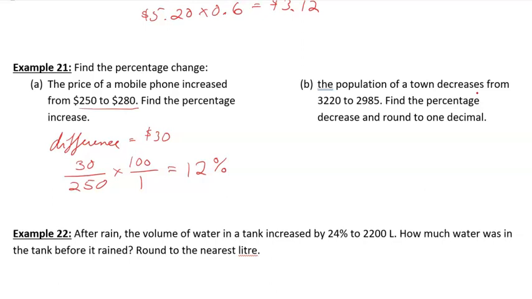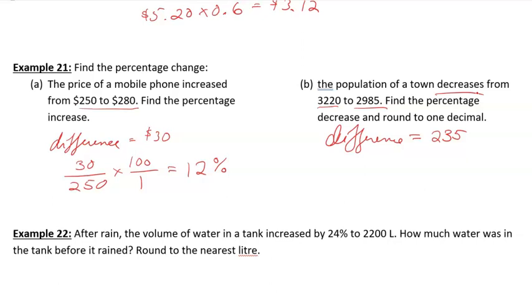Now, if we want to decrease, okay, so we've got a population that decreases from this amount to that amount. Find the percentage decrease. So the difference, again, between these two numbers, 3,220 minus 2,985 is, my calculator tells me, 235.